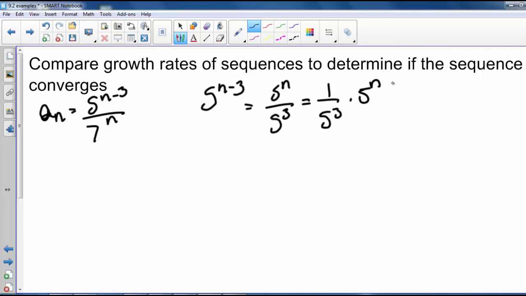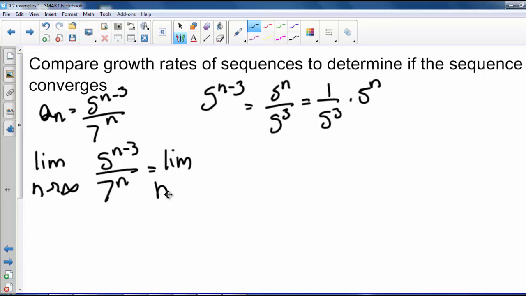And now we have our limit as n goes to infinity of 5 to the n minus 3 over 7 to the n is equal to the limit as n goes to infinity of 1 over 5 cubed times 5 to the n over 7 to the n.